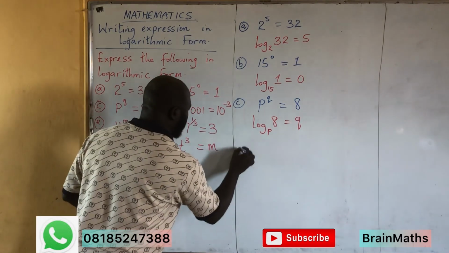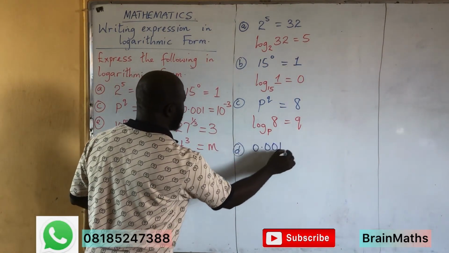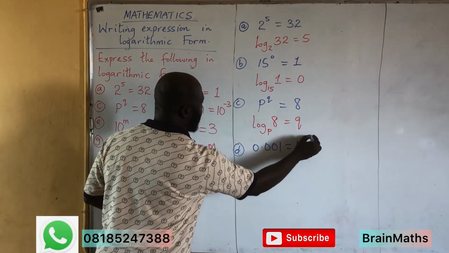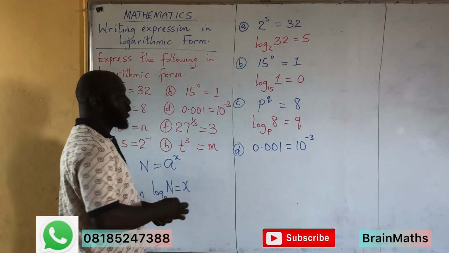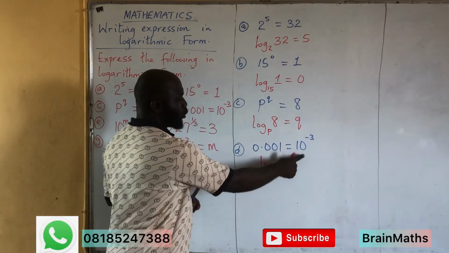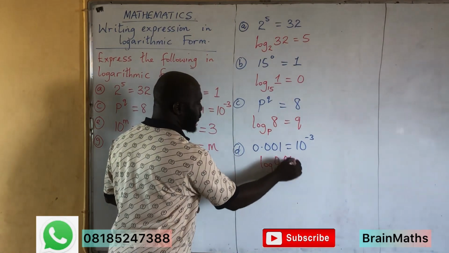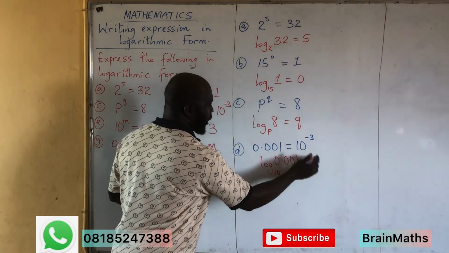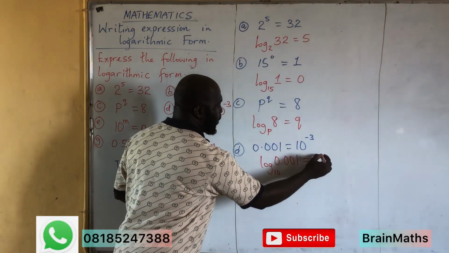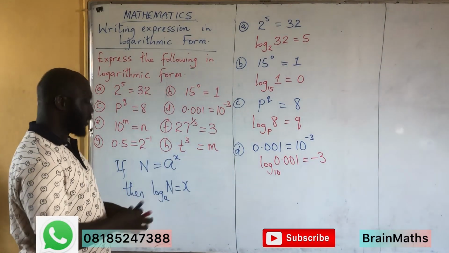So the fourth question says 10 raised to power minus 3 equals 0.001. If we try to solve this in logarithm form, we have logarithm to base 10 of 0.001 equals the power on the index, which is minus 3.